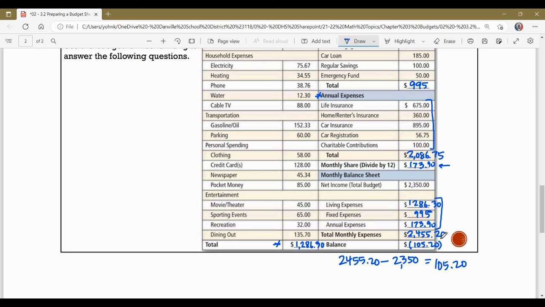Now notice I put the answer right here in the balance in parentheses. The parentheses mean that it's a negative amount. That means that she overspent. So if you ever see any running tally of dollars and you see one in parentheses, it might just mean that it's negative.